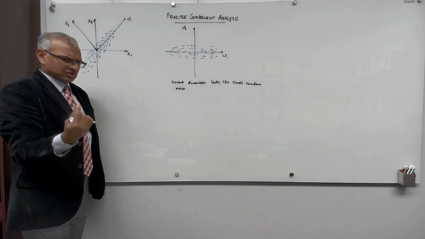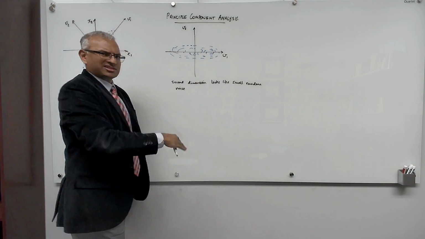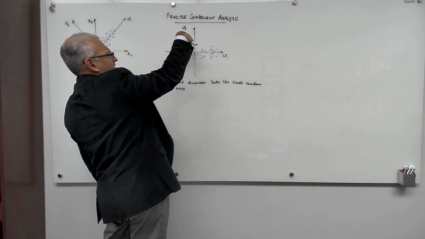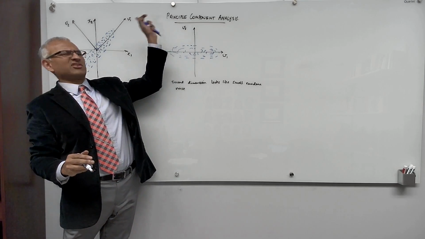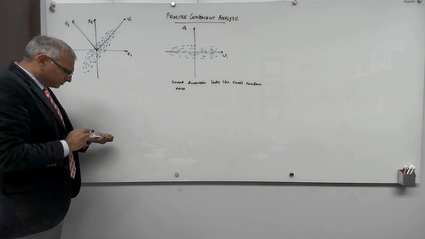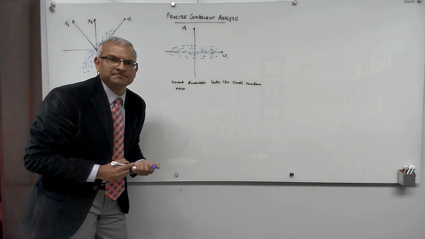Sometimes we will say this first dimension V1 is the dominant direction for this data, and the minor directions are, for example, this V2, and we're not interested in the data dimension V2. So how does that help us?